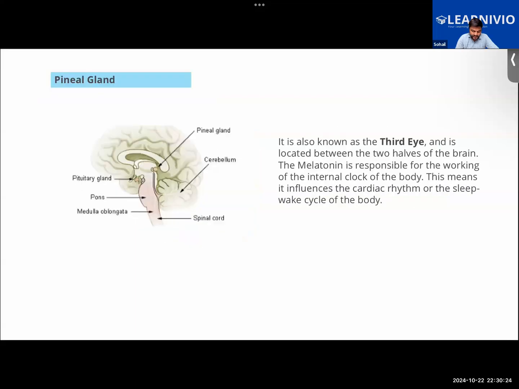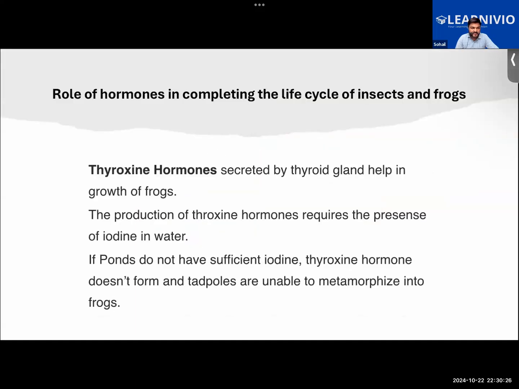One more important topic that is left to be discussed is the role of hormones in completing the life cycle of insects and frogs. Hormones are important not only for maintaining the life of humans, but also in insects and frogs. Particularly in the process of metamorphosis, hormones like thyroxine will be important. So that's it for today.